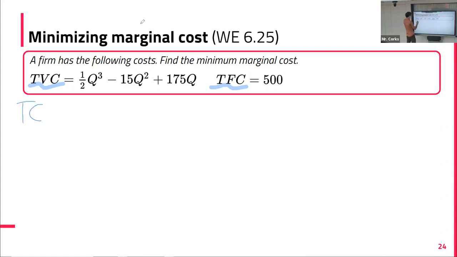We need to add both of them. Yeah, just add them. So your total costs are just the sum of all of your separate costs. So 1/2 q cubed minus 15 q squared plus 175q plus 500.